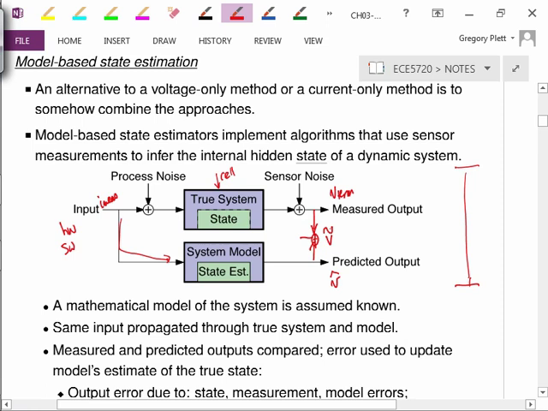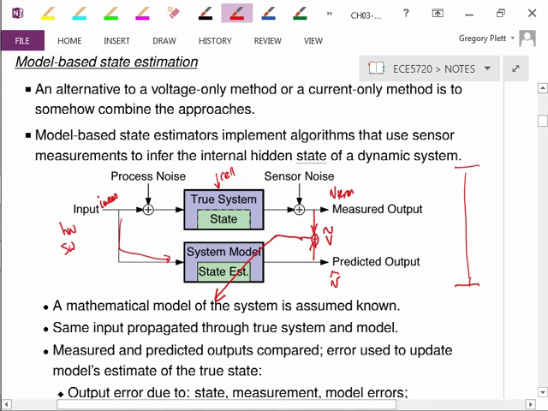I use a tilde symbol when I talk about error. So that's a voltage error. If the voltage error is 0, I probably did a great job of predicting the state, because we agree. If the voltage error is not 0, there's a number of reasons for that, which we have to think about. But the voltage error is going to come back in, and it's going to adapt the state estimate in my model. It's the feedback.